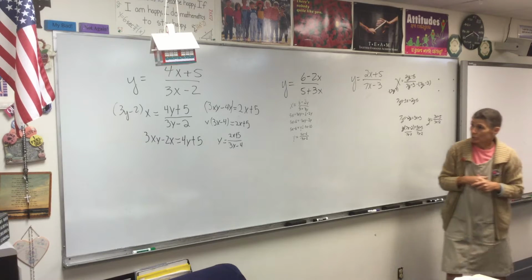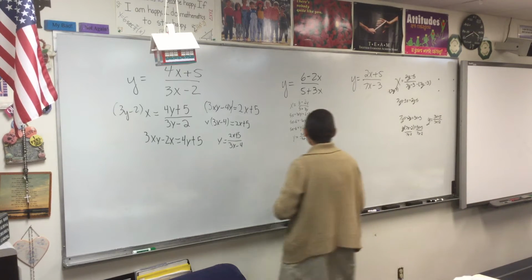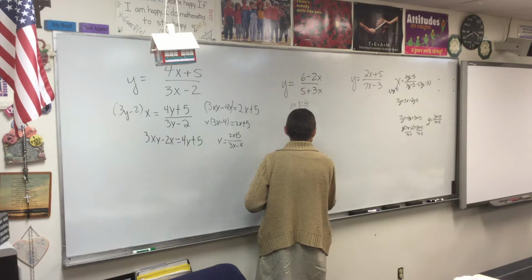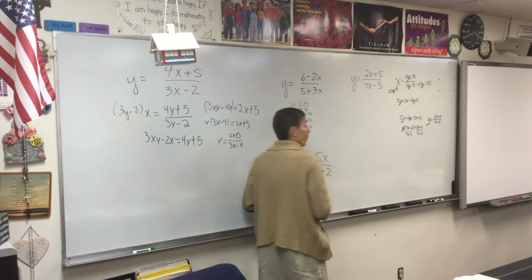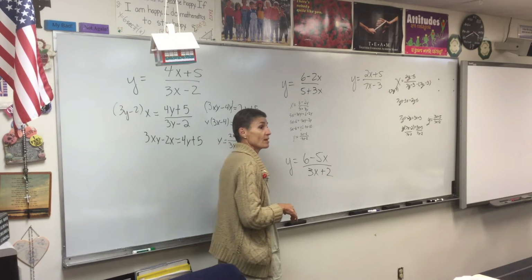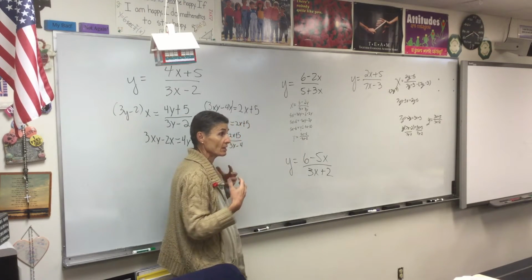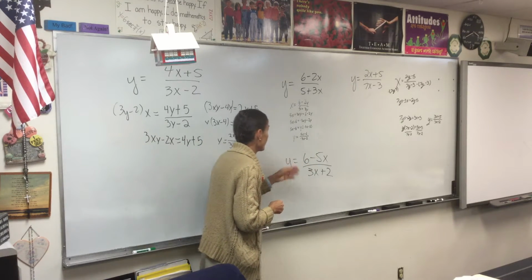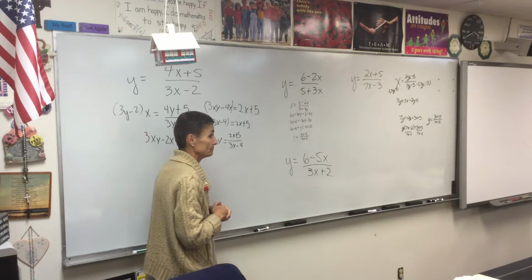Absolutely not. So if you did the problem and you got this, you are also correct. This is what you'll get if you move everything here instead of there. They're both absolutely correct, Clayton. You did a great job.